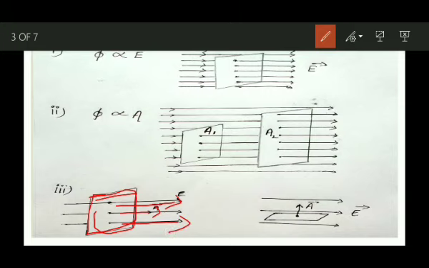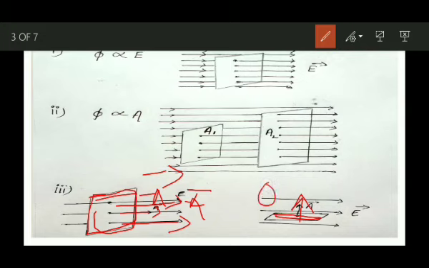Alright, so the angle theta is always formed between the area vector and the electric field. Here theta is 0 degrees, which is formed between the electric field and the area vector. So here we get the maximum flux. Now another case: here the area is kept parallel to the electric field, but the area vector is perpendicular to the electric field.